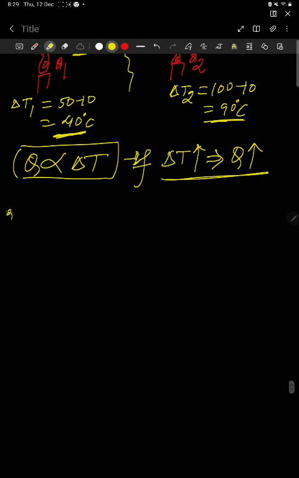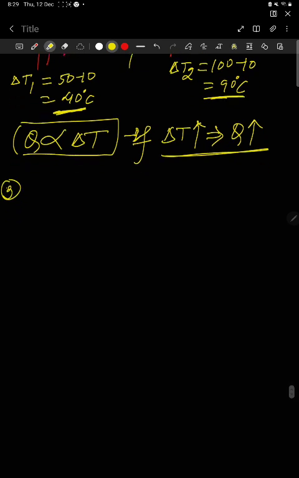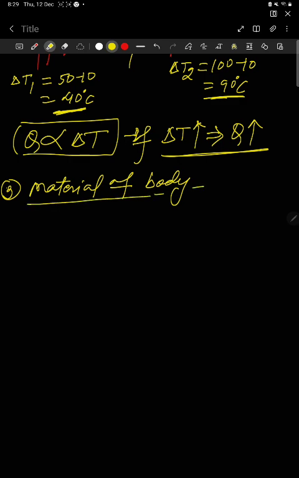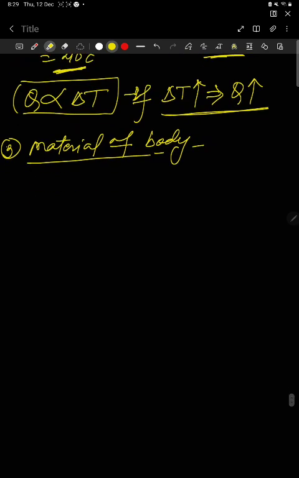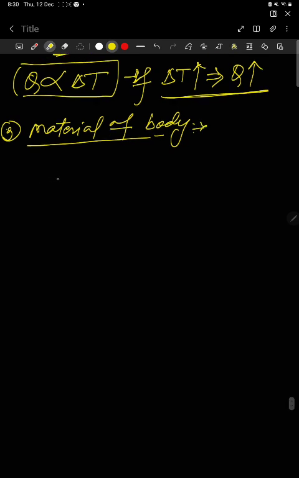Now the third factor on which heat supplied to a body depends is the material of the body. Every material has some specific properties. Let's take some examples. Suppose we have one metal ball.